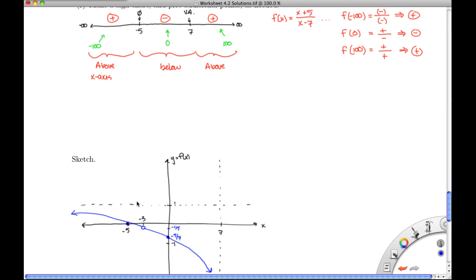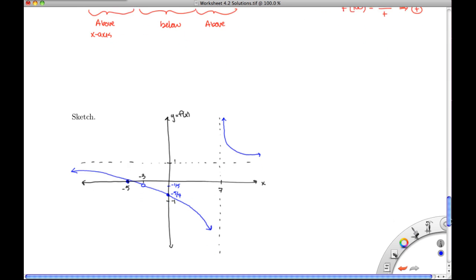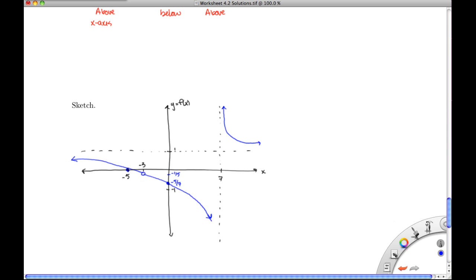So we get something that kind of looks like that. And then up here, we'd have something that would look like this. So this is indicative of all of the information that we found. And I could probably be a little bit more clear on that, it's going to keep going down there. Okay, so this gives us a halfway decent sketch of our curve.